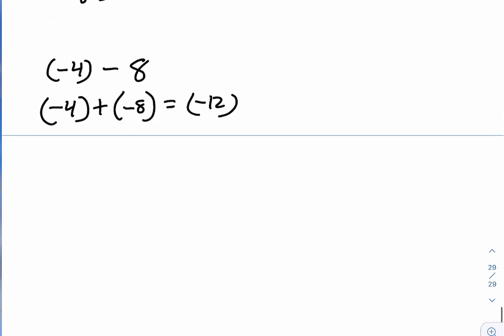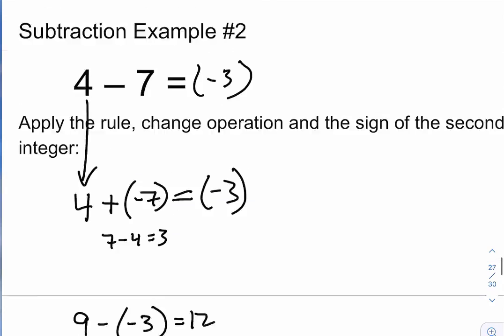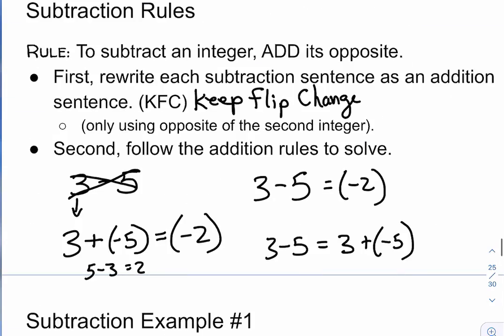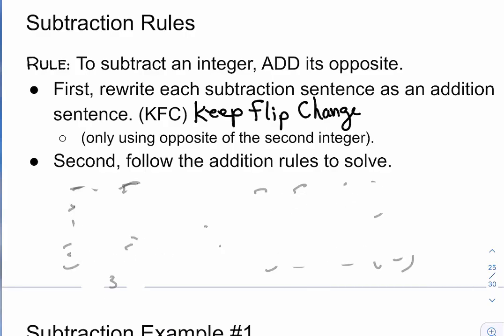Whereas if I have a positive first, 8 subtract negative 4, okay, 8 plus 4 is positive 12. The important part to remember here, we'll scroll back up to the rules: you can remember the KFC if you want to, keep, flip, change. The important part is we're adding the opposite.